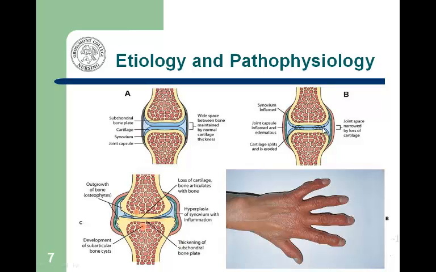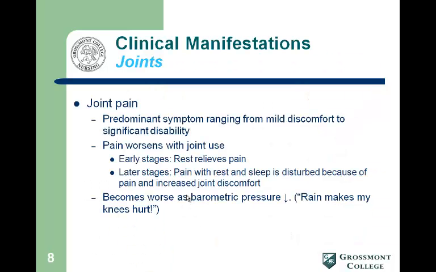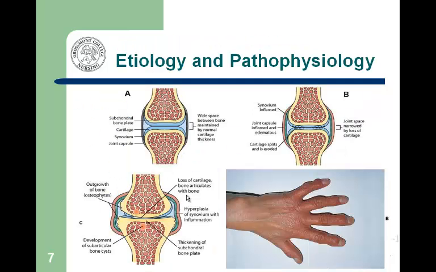See, because the cartilage is not forming a cushion like it did before. And then eventually we have loss of cartilage and the bone articulates with the bone. And this is where you'll always hear people say when they had their knee replaced that it was bone on bone. They could feel the bone on bone grating, and that's, I'm sure, a horrible feeling. So it jumped ahead without me telling it to.